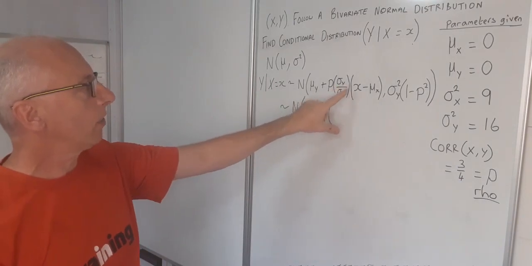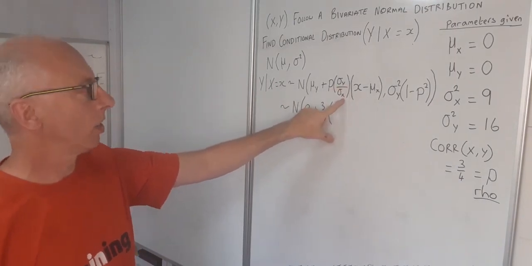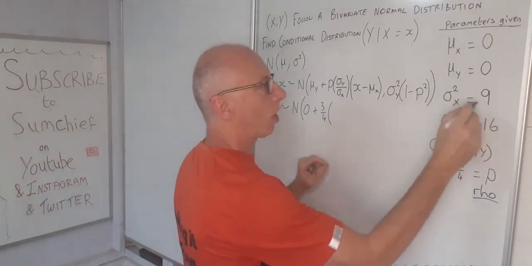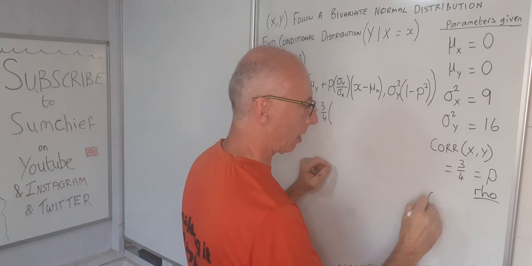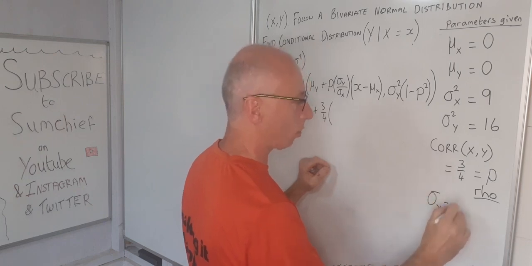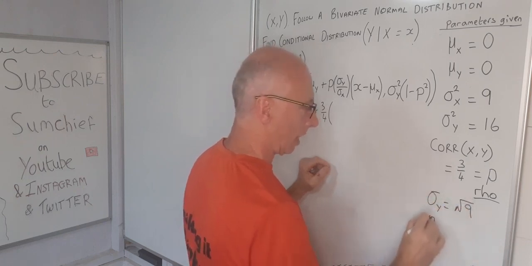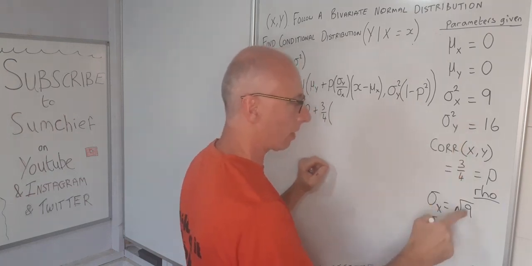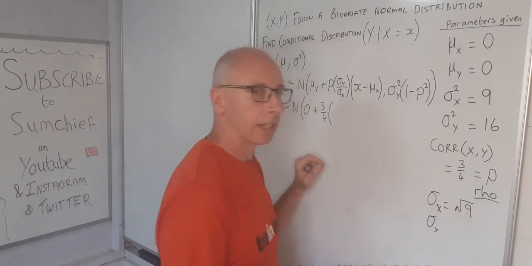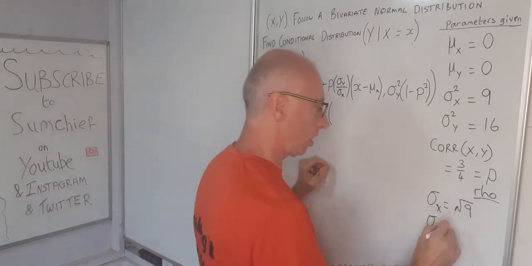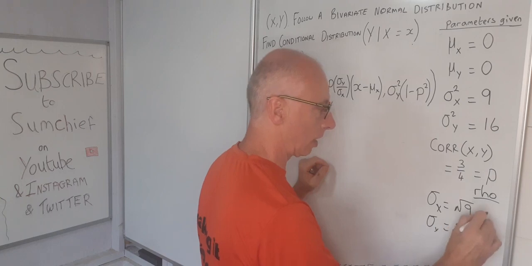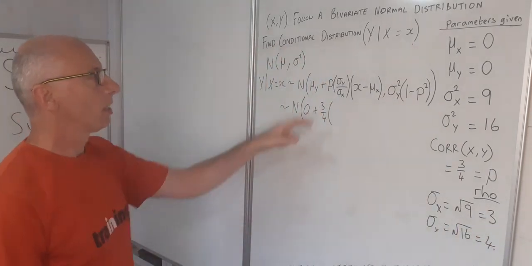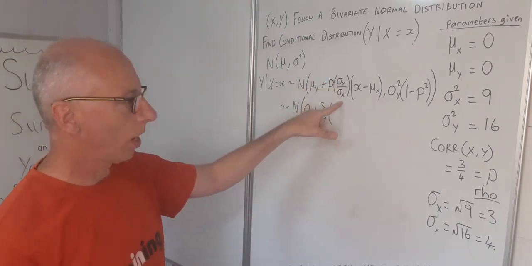Now we need the standard deviation of Y divided by the standard deviation of X. Well, sigma of X is the square root of 9, and sigma of Y, the standard deviation, is the square root of 16. So these we can easily calculate, that's fine. So now I can plug in my values here for Y and X.